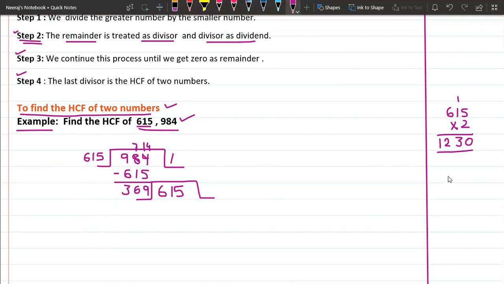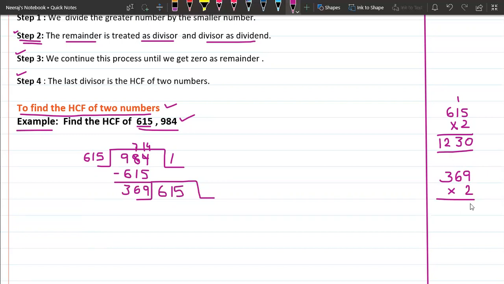369, if we divide 615 by 1, let's check one more time by 2. So 369, I'm going to multiply by 2 because I think it should be the nearest value to 615.